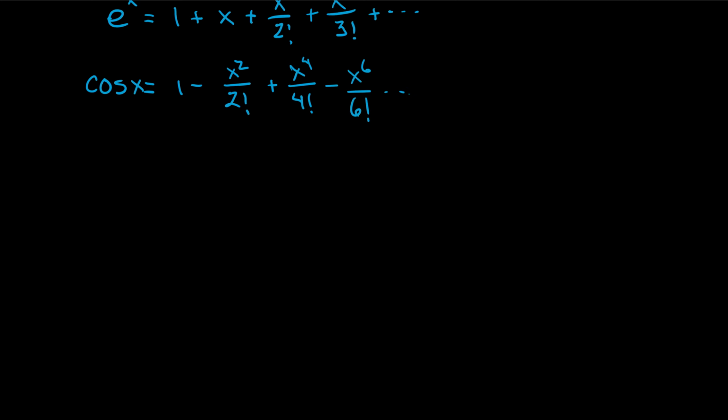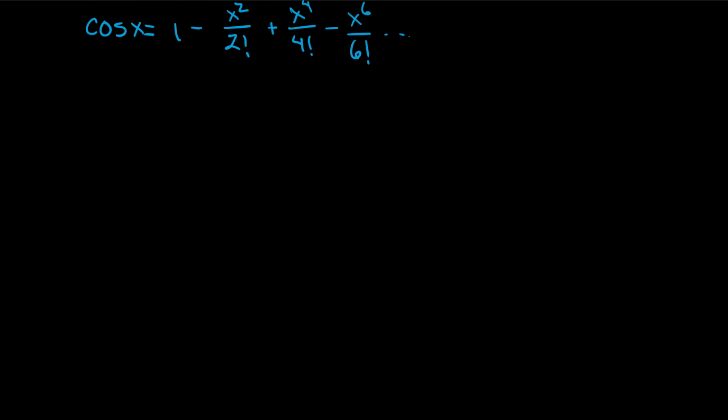And this continues to alternate plus minus all the way to infinity, only containing even powers of x. And you may look at the first term here and say, well, wait a minute, there isn't any power of x there. Actually, there is. This is x to the 0 power over 0 factorial. But 0 factorial is defined as being 1, and any number to the 0 power is 1, so that's considered to be 1 over 1, which is 1. So there's the first term for cosine.